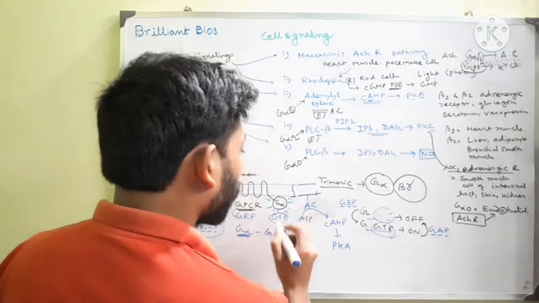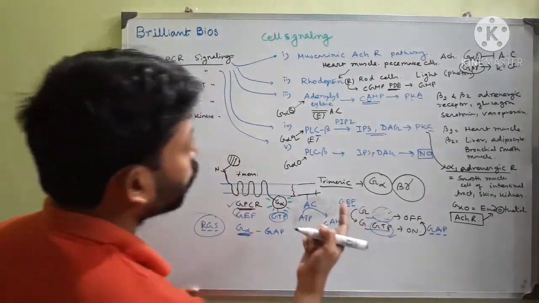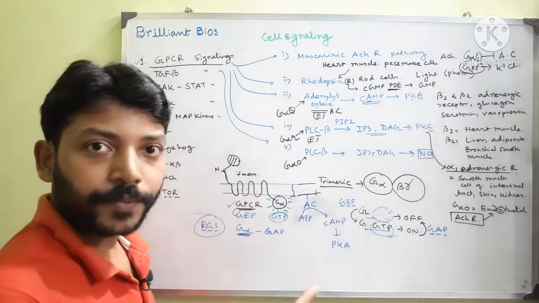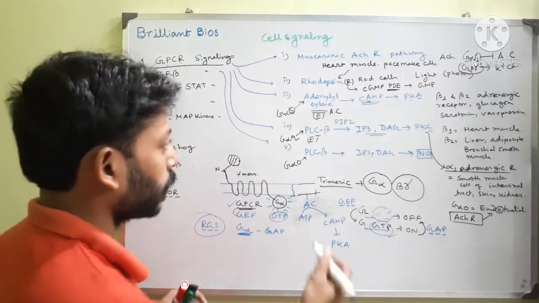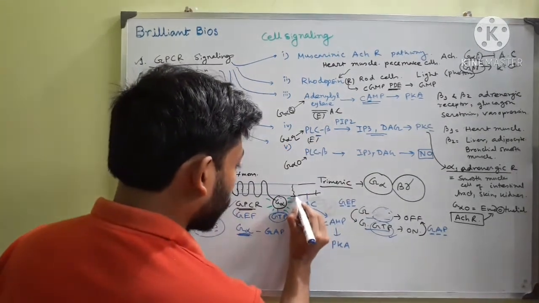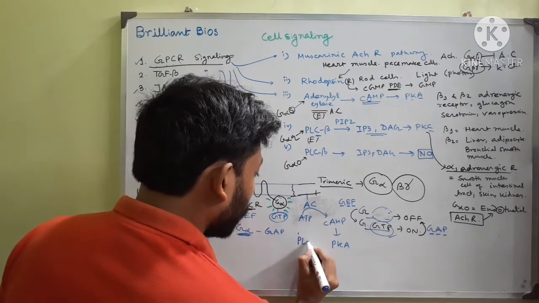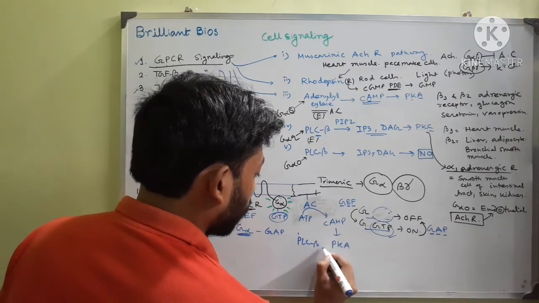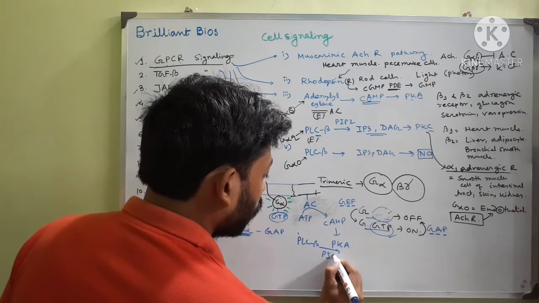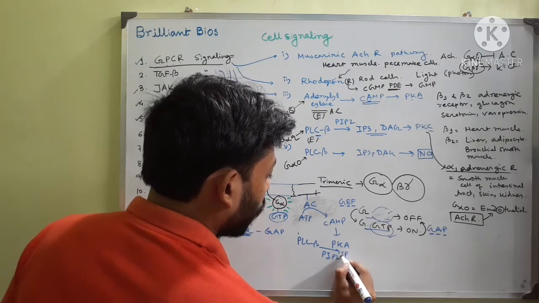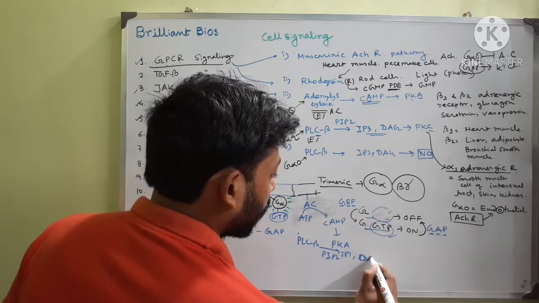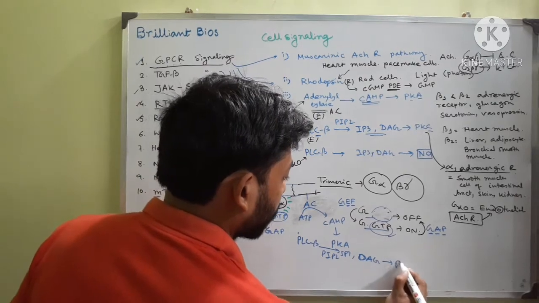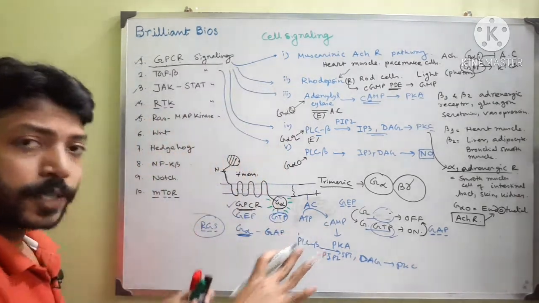This G alpha protein can activate another effector protein like PLC, phospholipase C. Let's suppose PLC. This PLC then breaks down the PIP2 into IP3 and DAG and activates PKC. So that's how this process occurs.